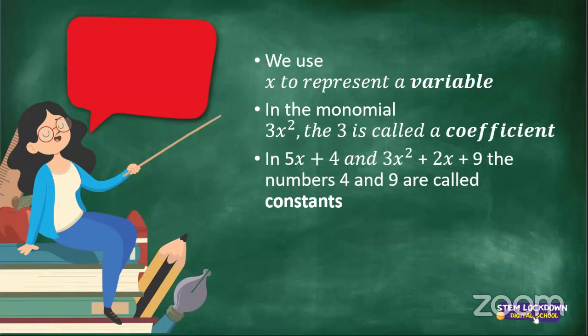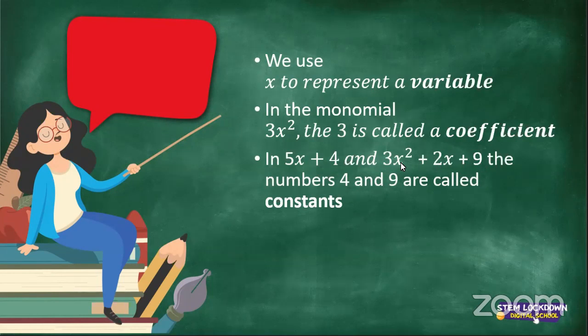So if you look at 5x plus 4 and 3x squared plus 2x plus 9, the numbers 4 and 9 are called constants. Those numbers are called constants because it doesn't matter what you do to the expression. You can substitute any value of x in those expressions, but the number 4 will always remain 4.